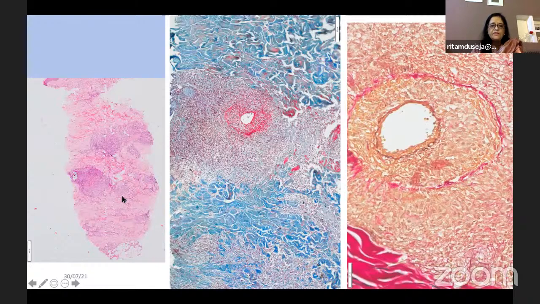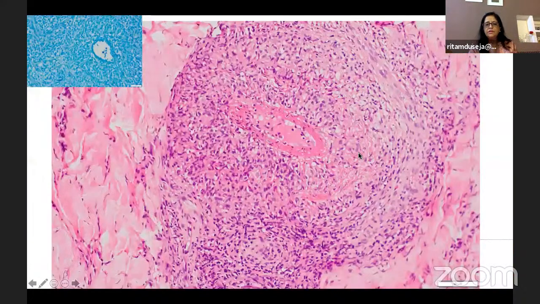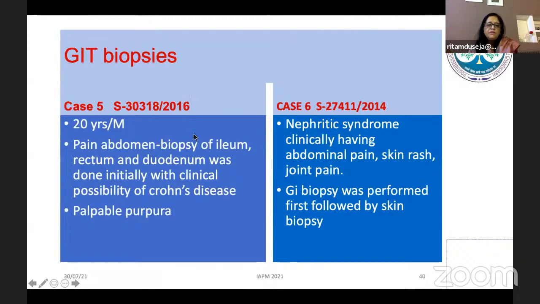Like for example, in this skin biopsy, there's one arteritis here confirmed by Martius scarlet blue and EVG showing a break in internal elastic lamina. On close-up look, we have a granulomatous reaction in an area close to this arteritis, and AFB was negative. So in such a scenario, we could suggest that there could be a possibility of granulomatous polyarteritis, but we cannot dogmatically say that it is going to be GPA or PAN or small vessel vasculitis based on skin biopsy.